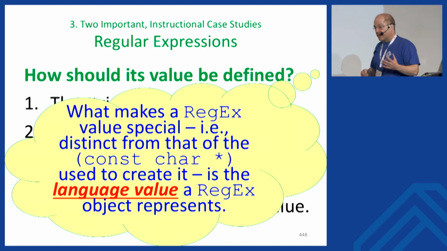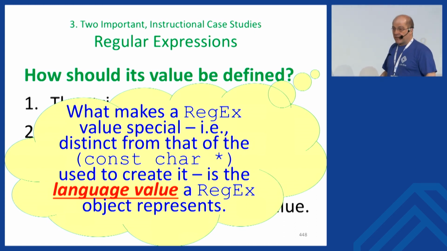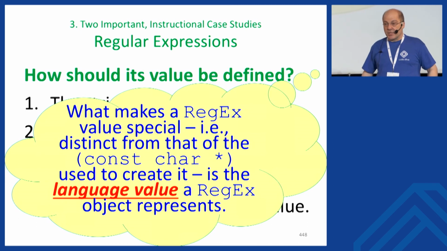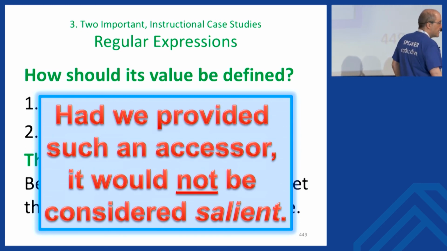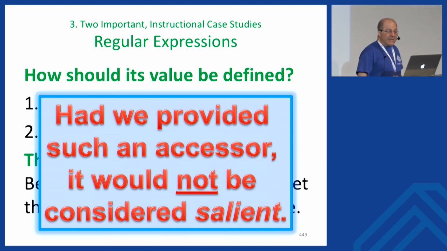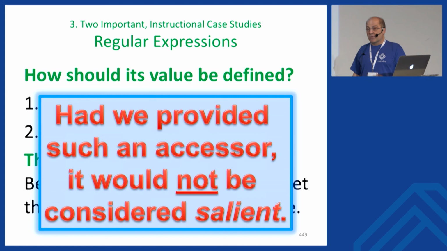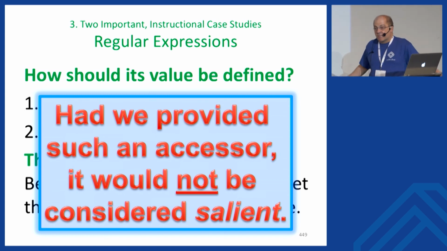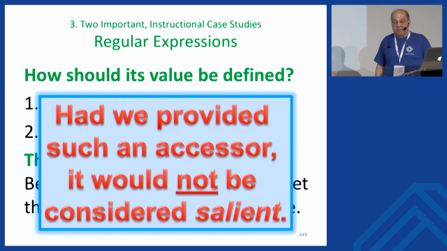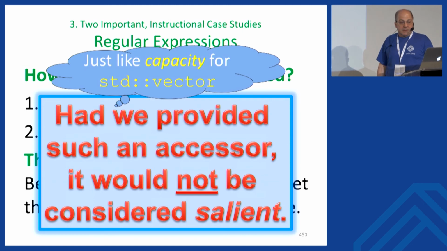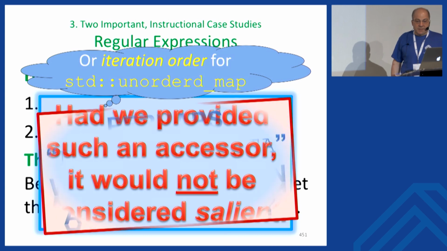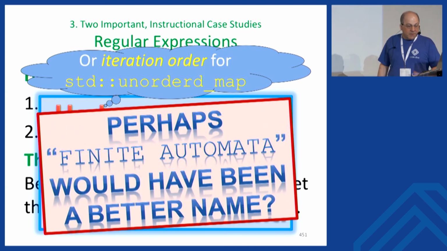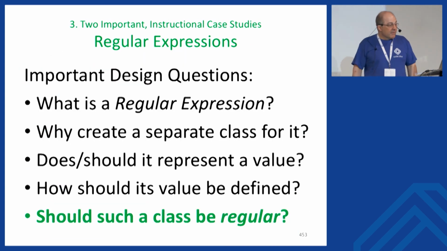So I could have 2 regular expressions that represent the same language. I don't care. Ideally, they'll be the same state machine, and so on. Ideally. Had we provided such an accessor, it would not be considered salient. So we could have gotten the thing we used, but it's just a piece of noise. Again, it's not relevant. It's like capacity or iteration order for an unordered container. Perhaps we could have named it something different, like language.